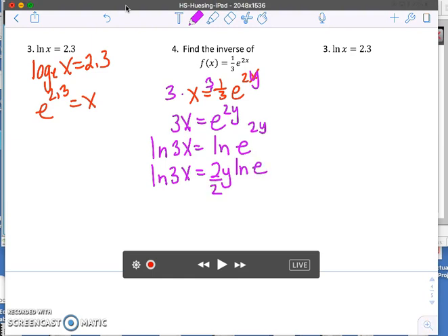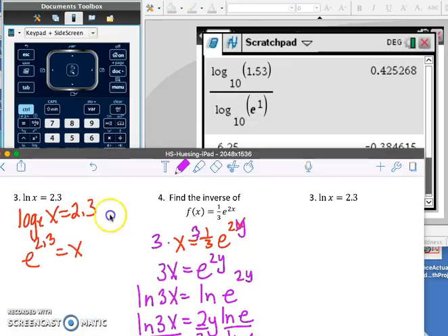So let's divide by 2 and the ln of e. So we have the natural log of 3x divided by 2, the ln of e equals y. And the natural log of e is 1. So I'll show you that right here.